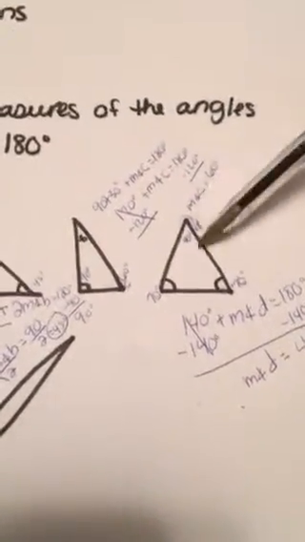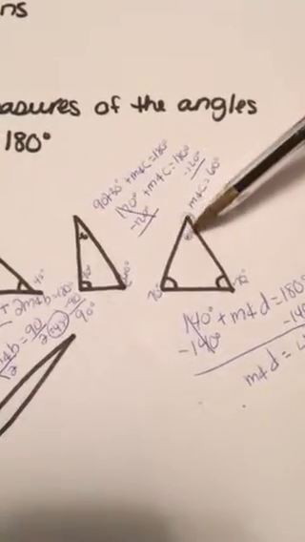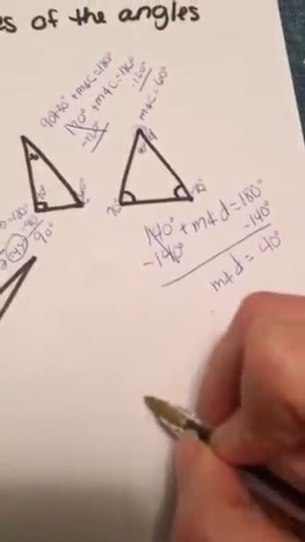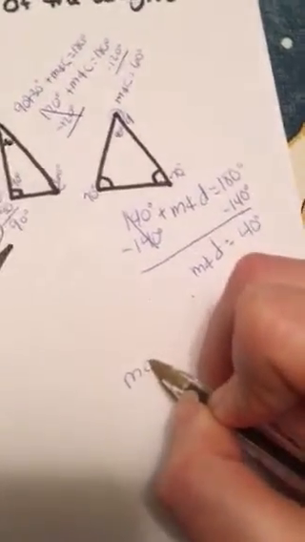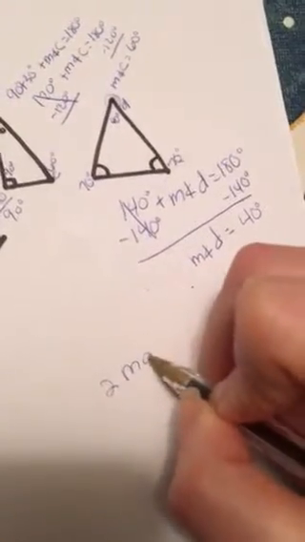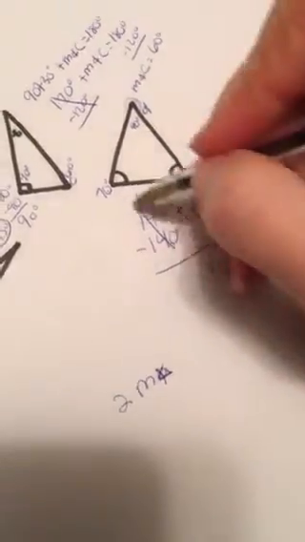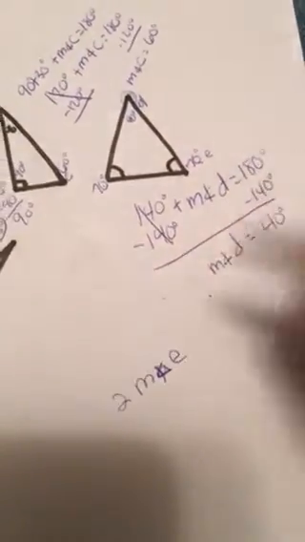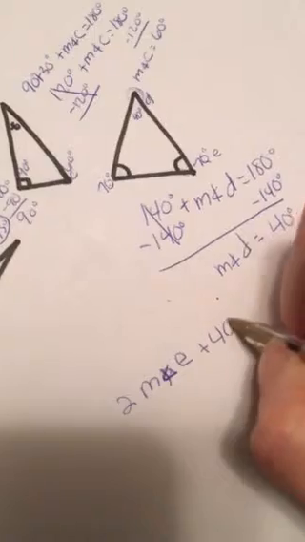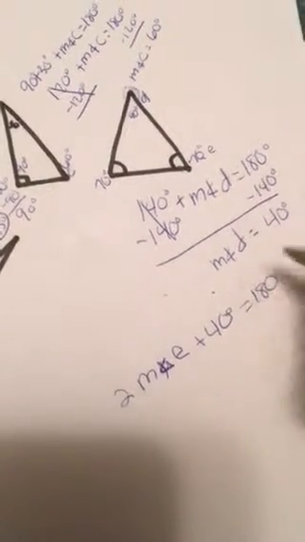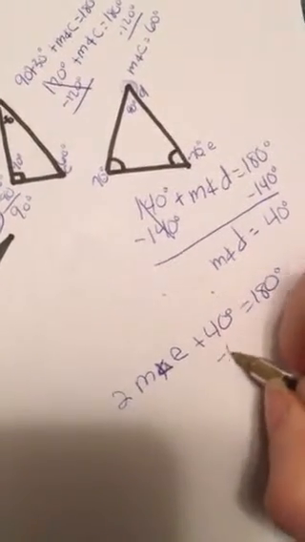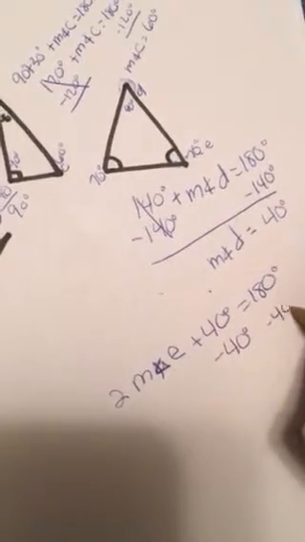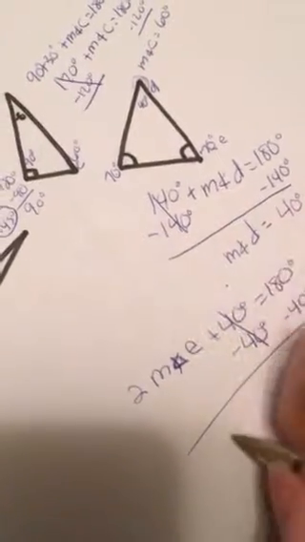Now if I knew this was 40, I could also do it the other way. Let's say that I don't know what these are, but I do know the measure of angle D. I could say 2 times the measure of angle, we'll call this E, plus 40 degrees equals 180. I could subtract angle D from both sides.